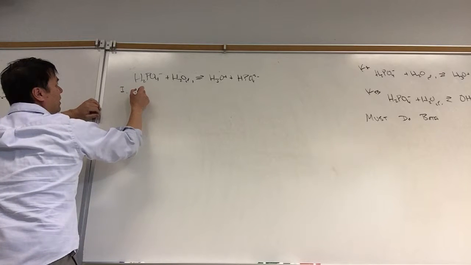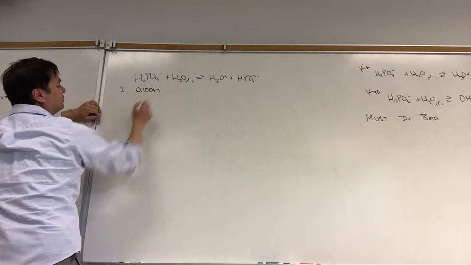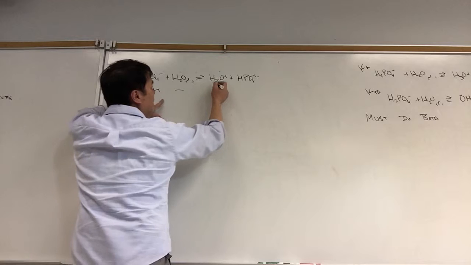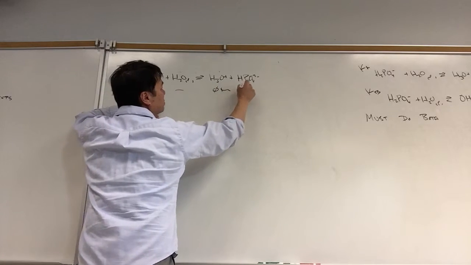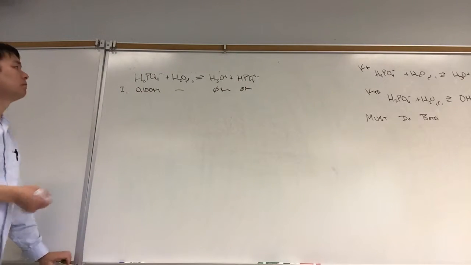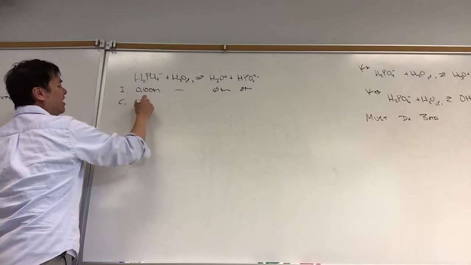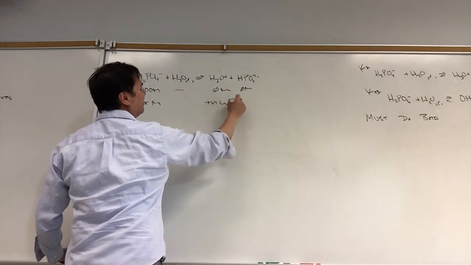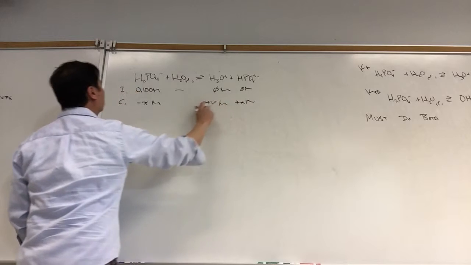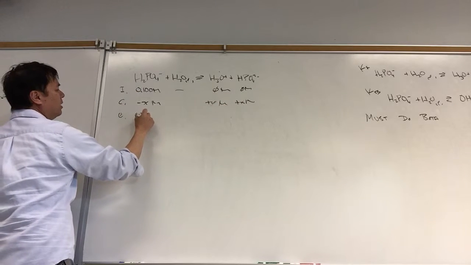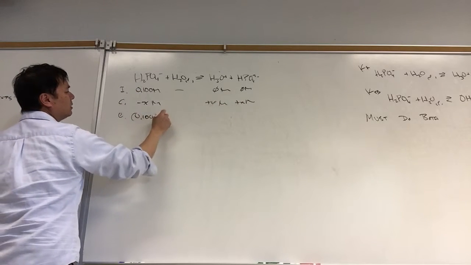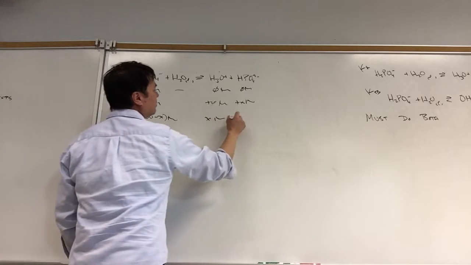So the initial amount here is 0.100 molar. The water, we ignore, hydronium 0 molar, 0 molar. So we're assuming nothing's happened yet. Okay, so the change is going to be minus X molar, plus X molar, plus X molar. So at equilibrium, we got 0.100 minus X molar, X molar, and X molar.